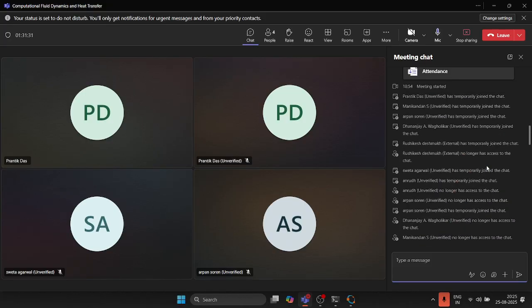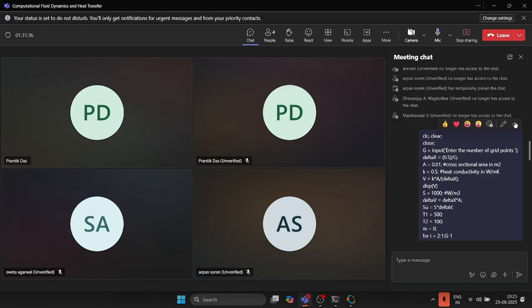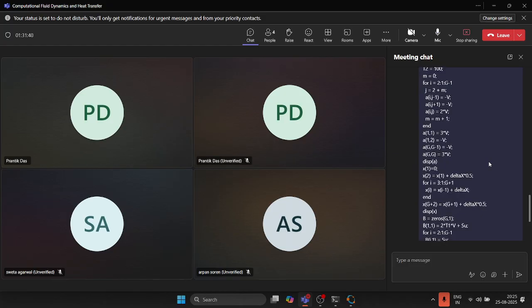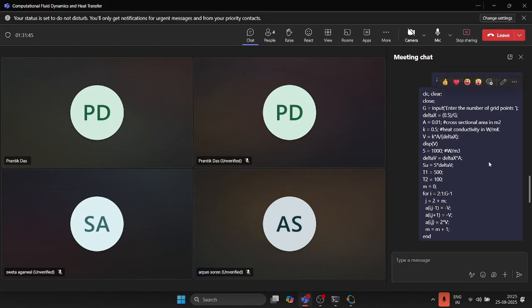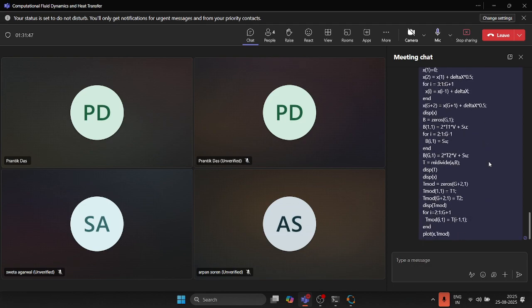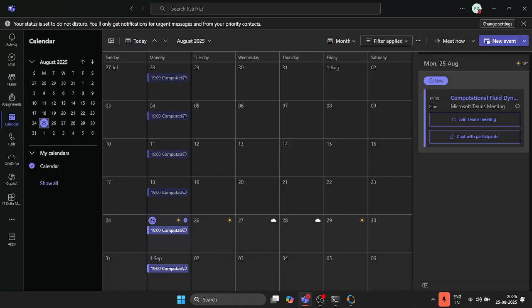The second one is the right one, the first one is not right since there is a slash, so I delete it. Yes, so the code has been shared. You can see the code itself, so you can directly put it in Octave and run it. Is it clear to both of you? Yes, sir.